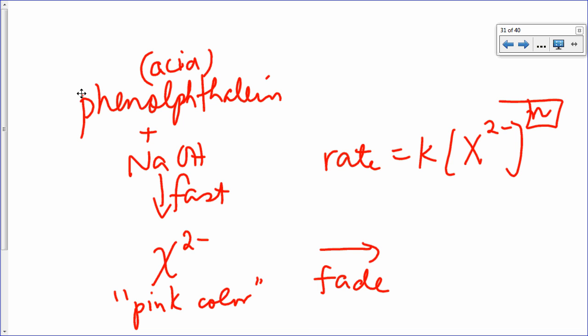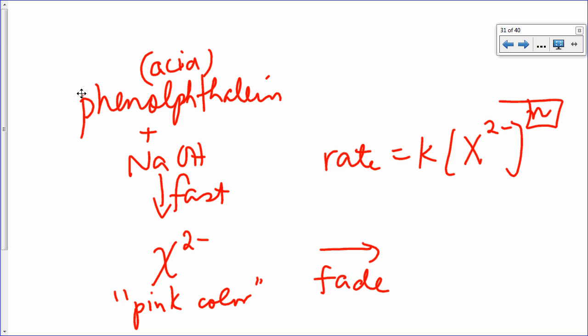Okay, so here it is. Phenolphthalein, sodium hydroxide. You can watch that fade, and I'll put another one here in the spectrometer, and we'll monitor the concentration.